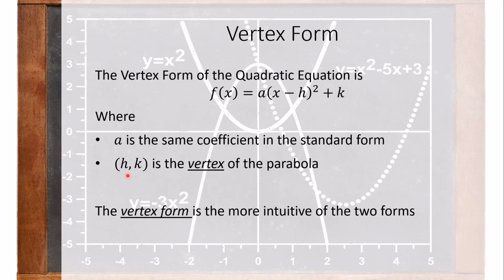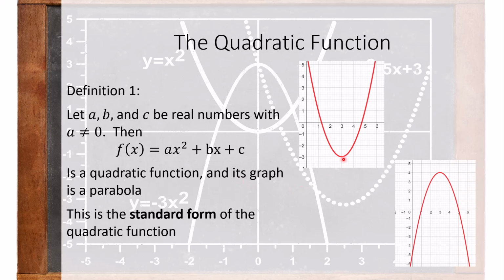And also the vertex, the parameters h and k, describes the vertex of the parabola. Specifically, it describes this point here, where the x coordinate is h and the y coordinate is k.